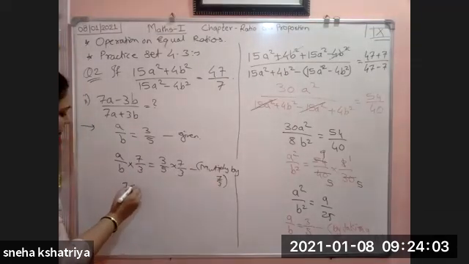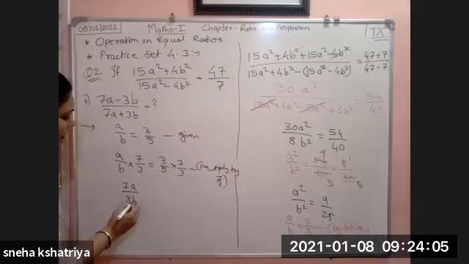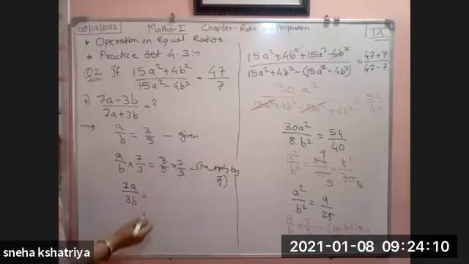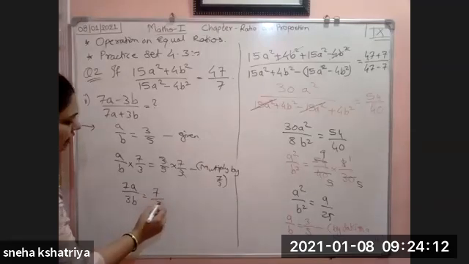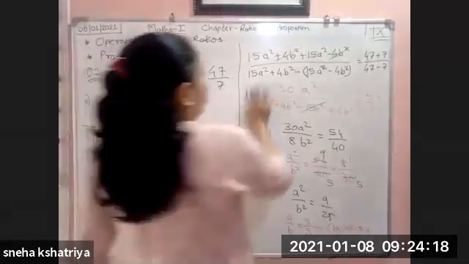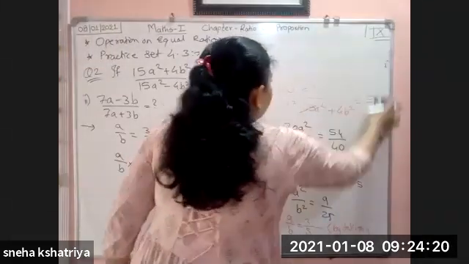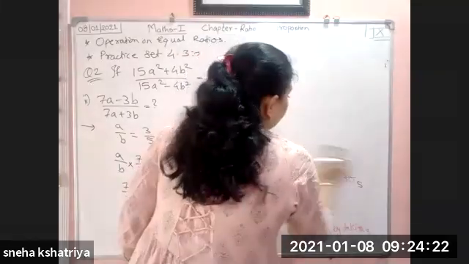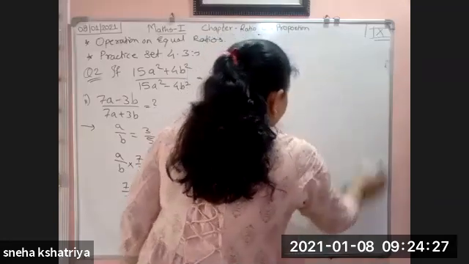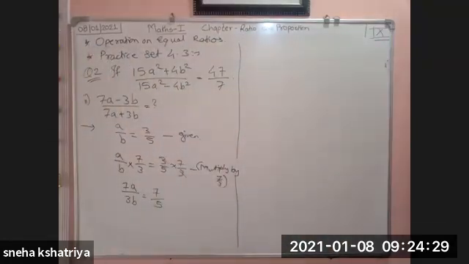So this becomes 7A upon 3B, which is equal to, you see here 3 gets cancelled up and down, so we get 7 upon 5. Now we get 7A upon 3B is equal to 7 upon 5.